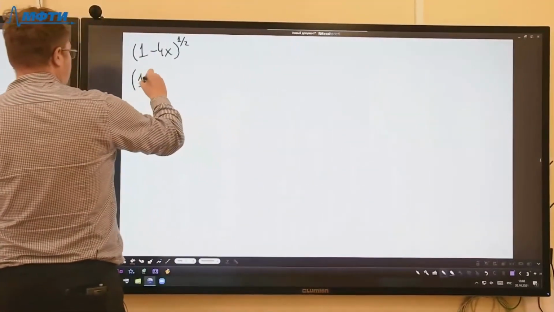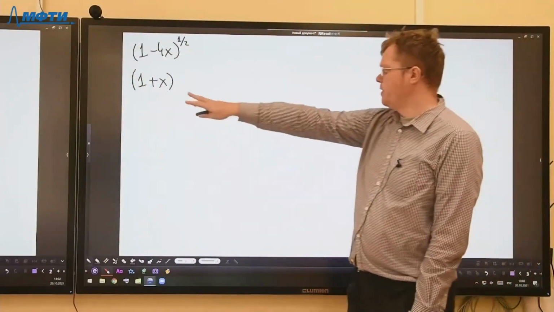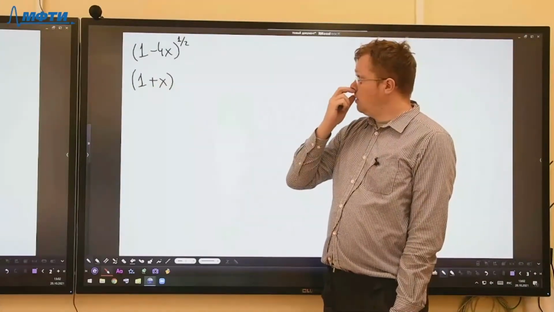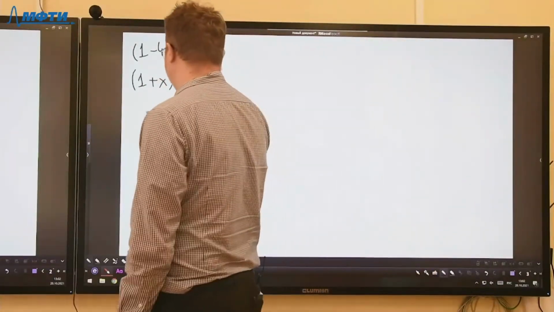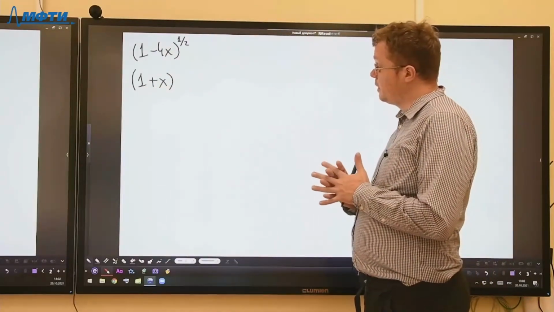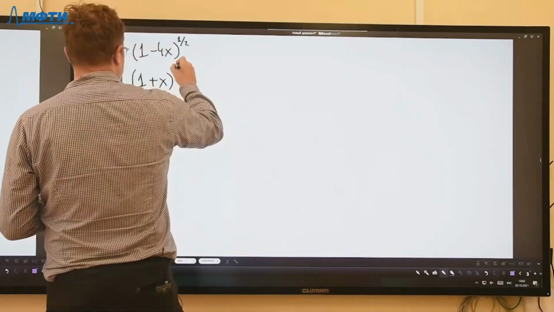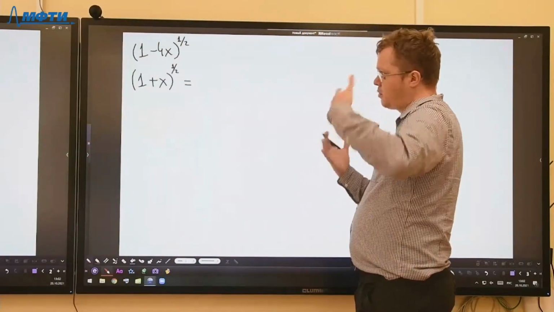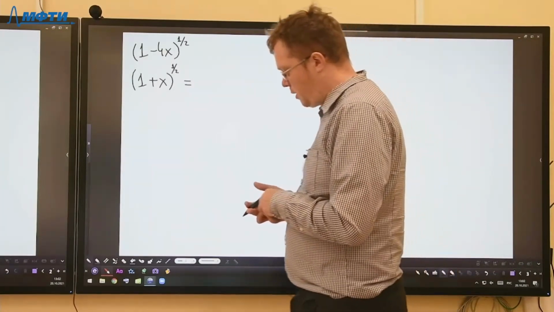If I forget about the minus 4 here, because if I find this for 1 plus x, then I can just substitute minus 4x instead of x, and then I will get the formula for the minus 4. So I need to find this function such that if I take the square of it, then I will get 1 plus x.